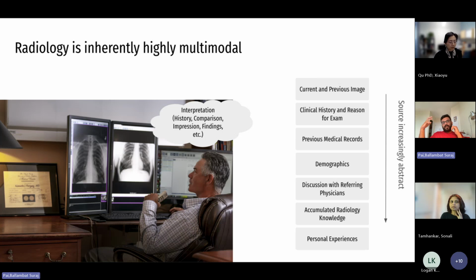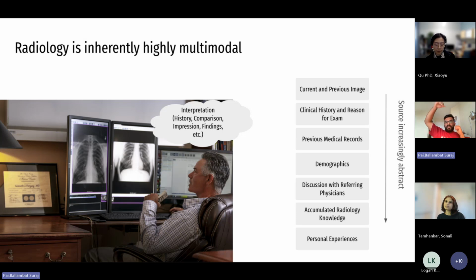So if you think about the different sources and you categorize them in terms of what is immediately obvious to what becomes more and more abstract, what is immediately obvious, or at least relatively, is current and previous imaging. So this could be your current time point scan and something that was collected 6 months ago, 1 year ago, whatever, right? What I mean by it being less abstract than the others is that you can clearly point out what might be an anomaly in an image or something that you might want to pay attention to.